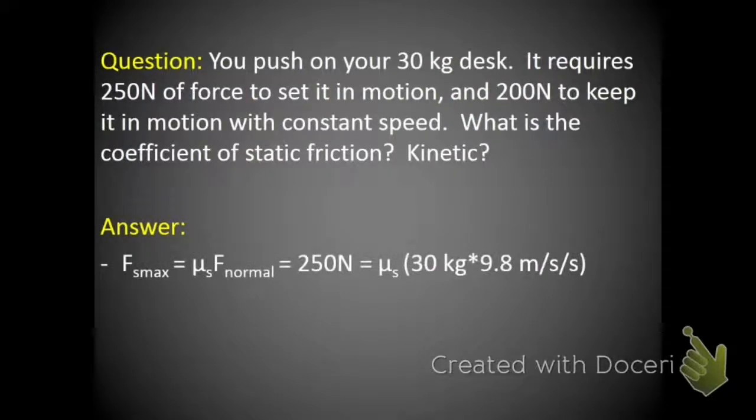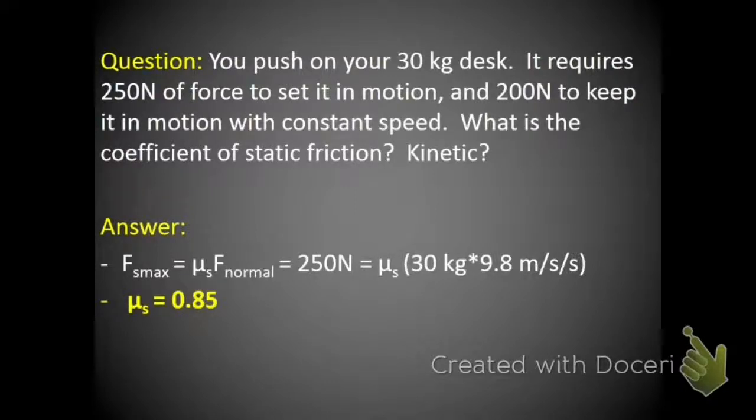So first, the maximum static friction is going to be equal to that 250 newtons that it takes to set it in motion, right? And so that is equal to mu times the normal force. And again, that normal force is going to be equal to the gravitational force when those are both in the y-axis and they're balanced. So that's 30 times 9.8. That gives me the coefficient of static friction.